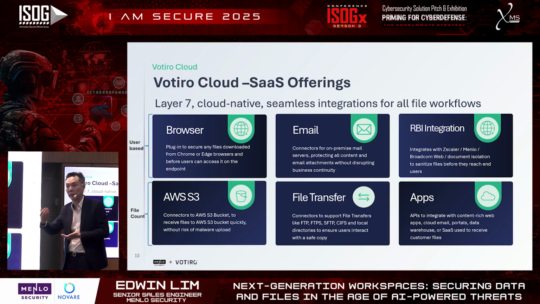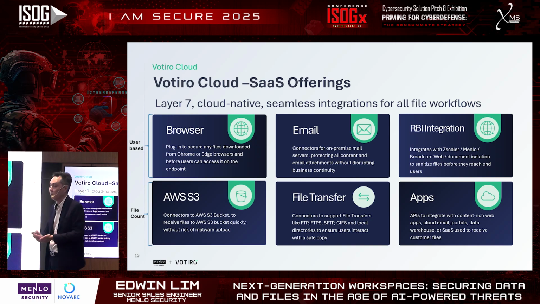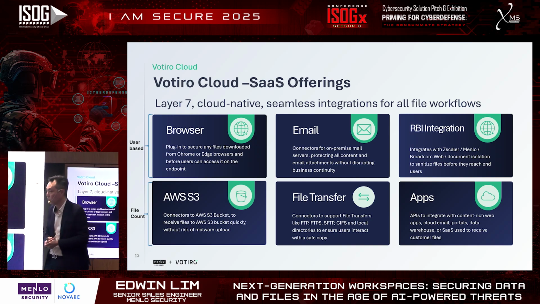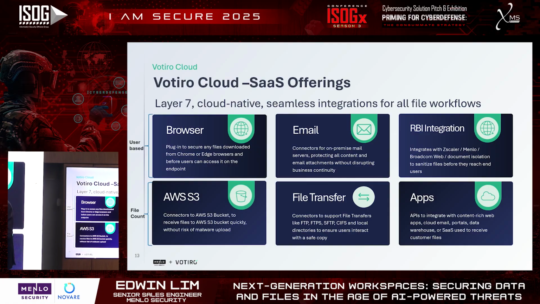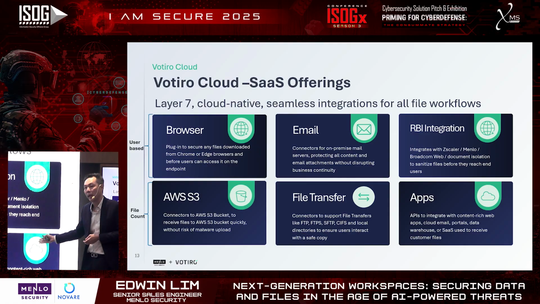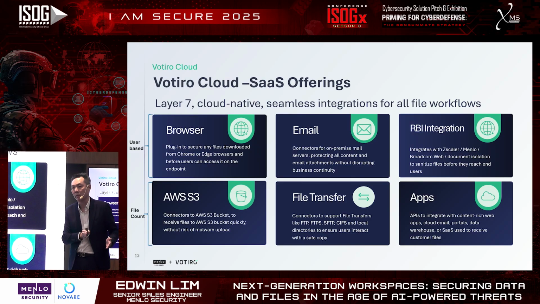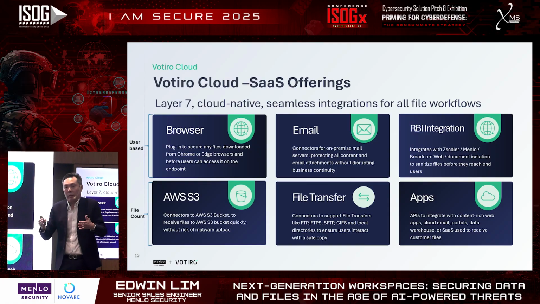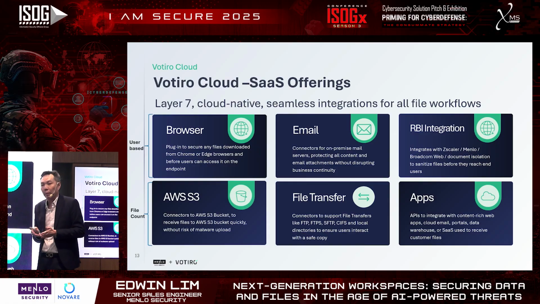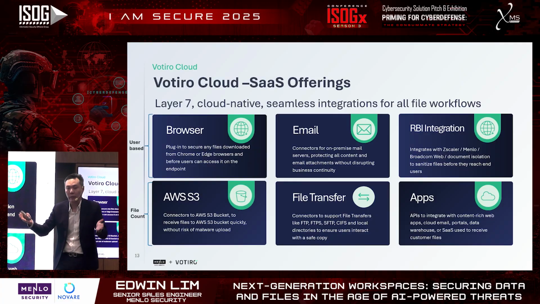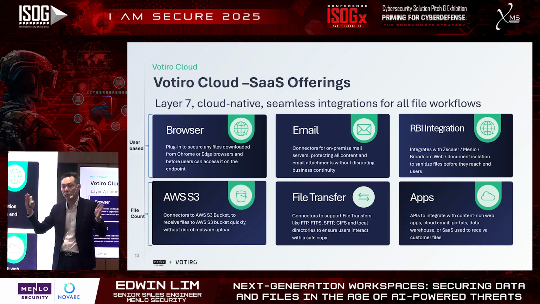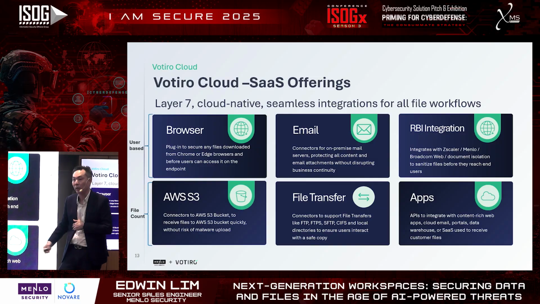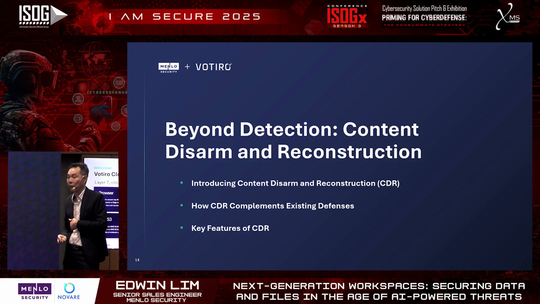Any kind of proxy solution, SASE solution, we are able to integrate also. Of course, the S3 bucket, file transfer, and application to application control. Let's say you have a developer developing a custom application for you, and they transfer files between two applications. You can actually use the API control to sanitize the file.